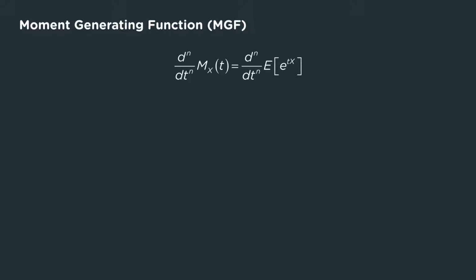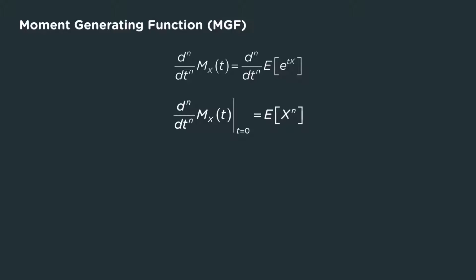So, how does this function generate moments? Let's start with the general case, where we calculate x's nth moment. Find the MGF's nth derivative with respect to t. The nth derivative at t equals 0 produces x's nth moment. Sometimes this evaluation is a limit as t approaches 0 from the right.